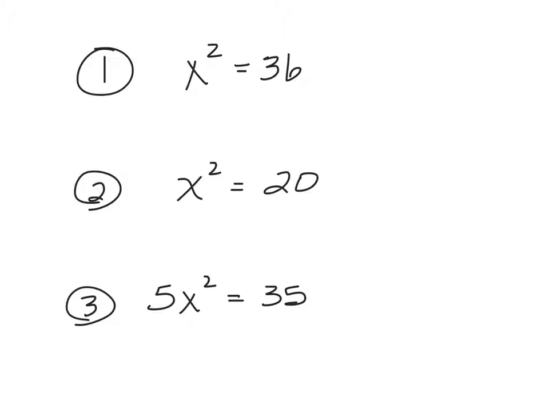So let's take a look at a couple of examples here. Let's start at number 1. You see x squared equals 36. Well, the first thing that I've got to do here is see, is there an x term? Well, there's not. There's no b term. And is x squared by itself? Well, in problem number 1, x squared is by itself. So what I can do now is take the square root of each side.